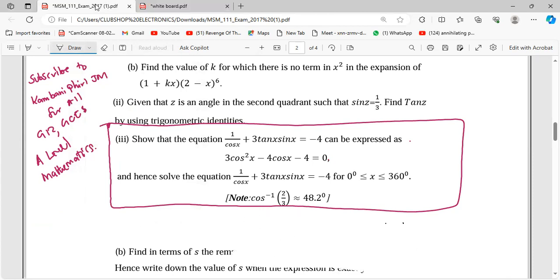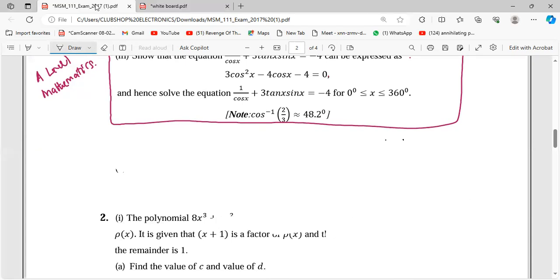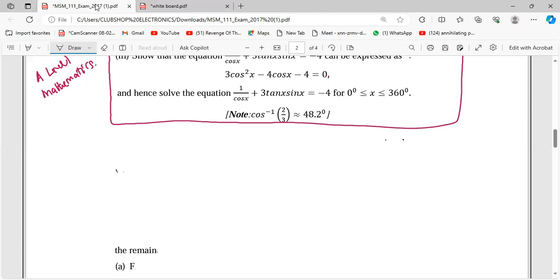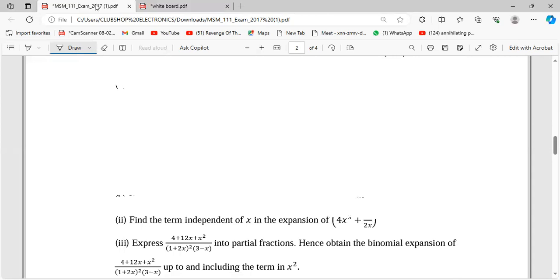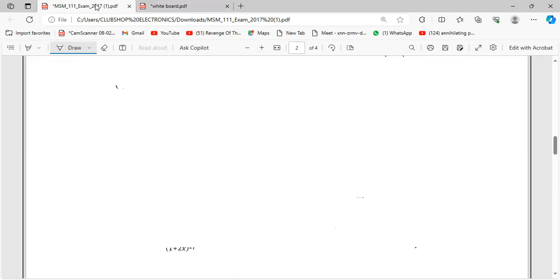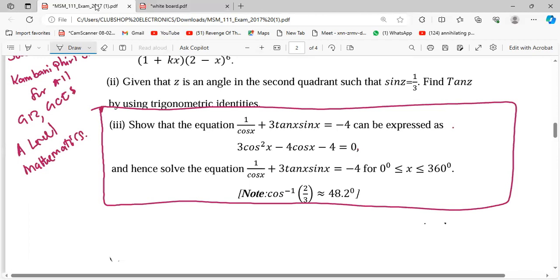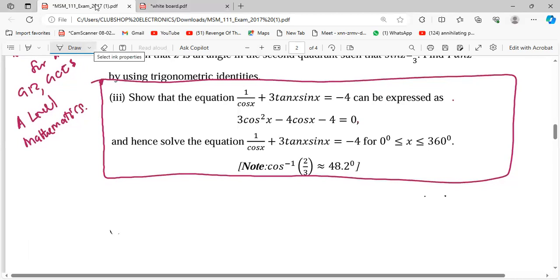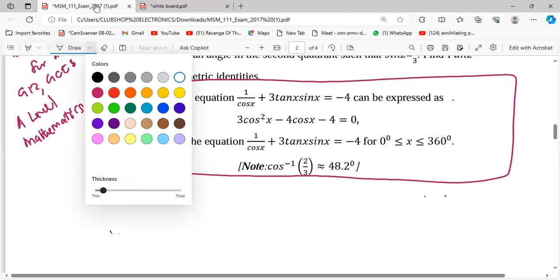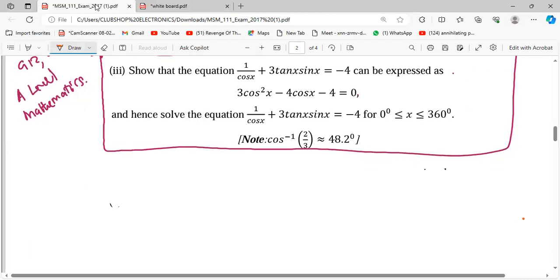Let me create some space. So instead, the proof is to show that the first problem can be expressed as the second one.